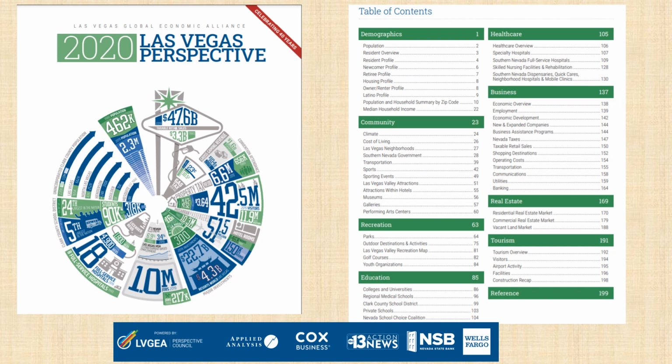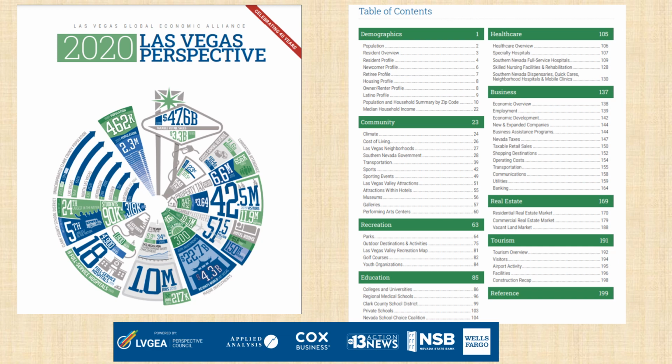It provides information about recreation facilities. It talks about the education opportunities here in Las Vegas. It provides information on healthcare facilities. It has an economic overview and also information about local businesses, local real estate, and tourism. It's about a 200-page document.